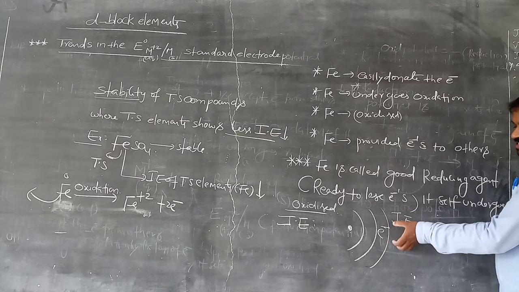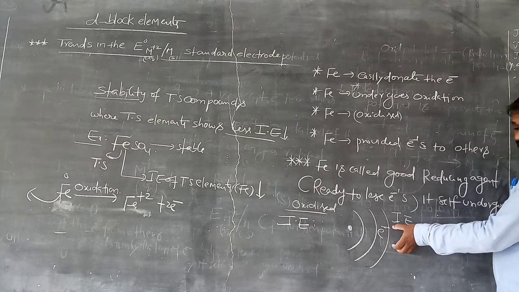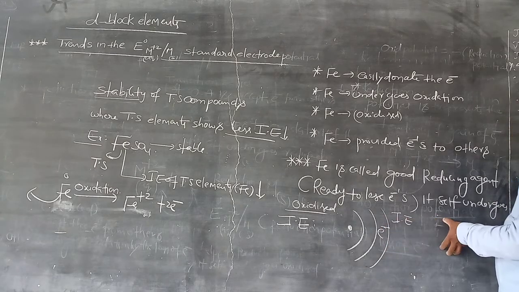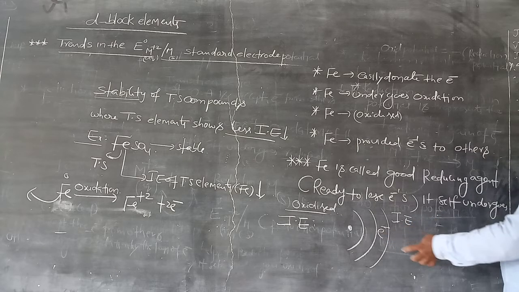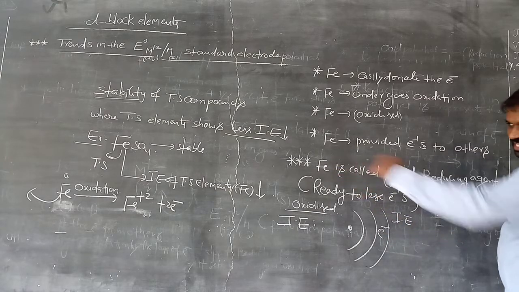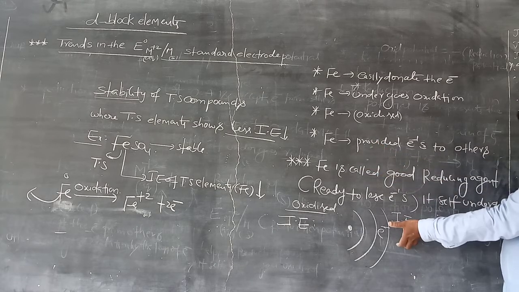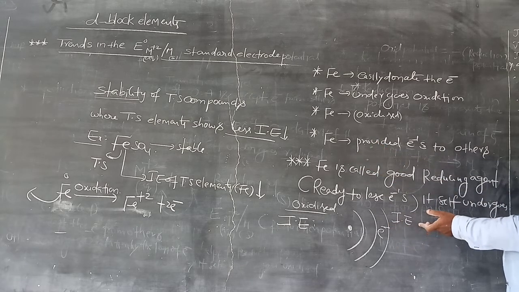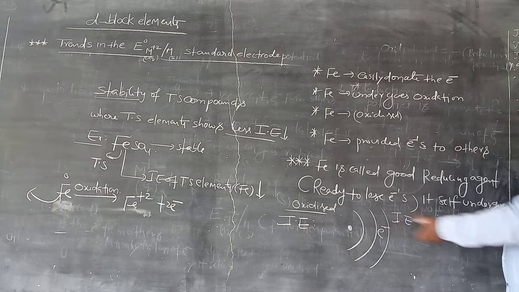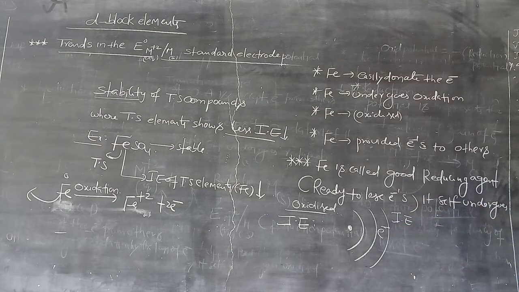We apply less energy to remove the electron, that means we easily remove the electron. Ionization energy is less. That means electrons are easily removed from the metal, like in this case iron. If it is difficult to remove the electrons, we offer more ionization energy. Clear?